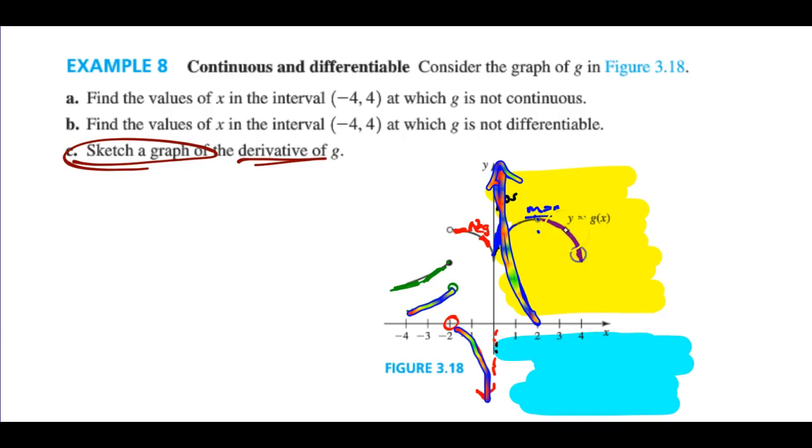I see that the slope starts at 0, and it looks like it's getting pretty steep again. Steep as in going down. So maybe there's like a little twist in here or something, but I think it would look something like this, where it's getting to a high negative number.